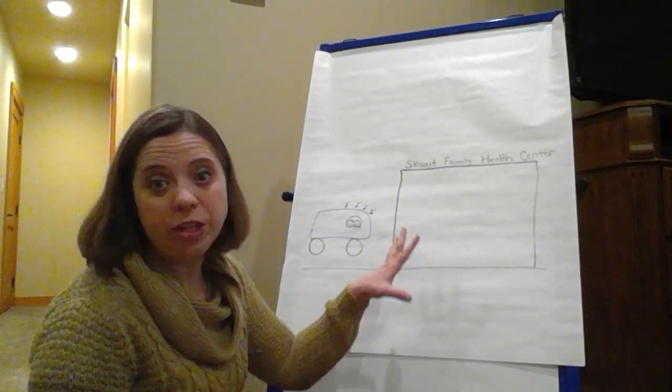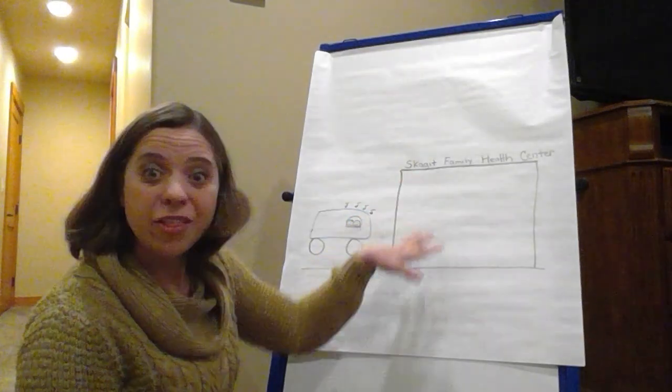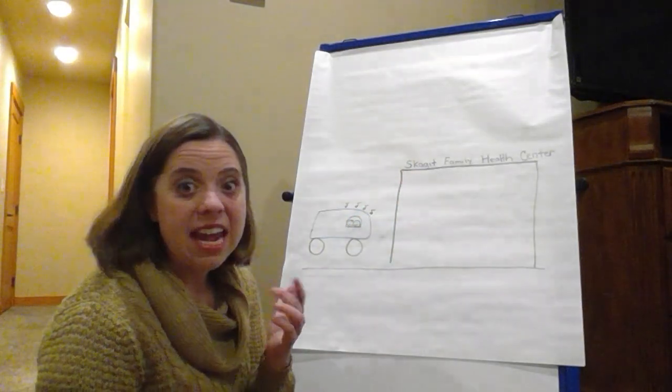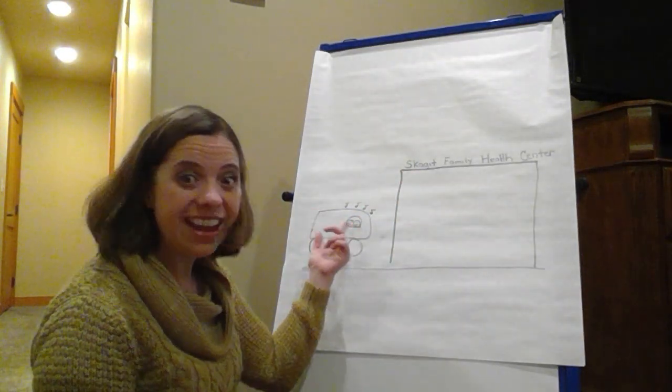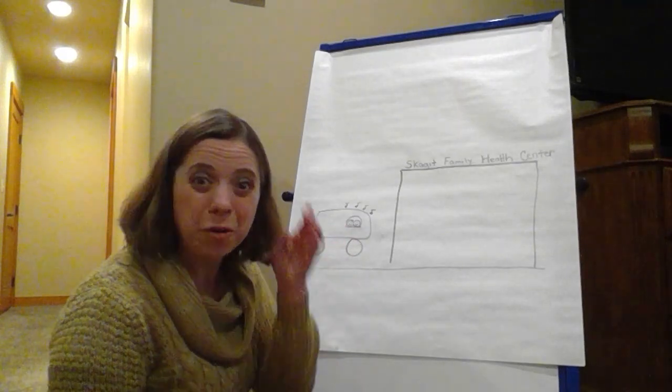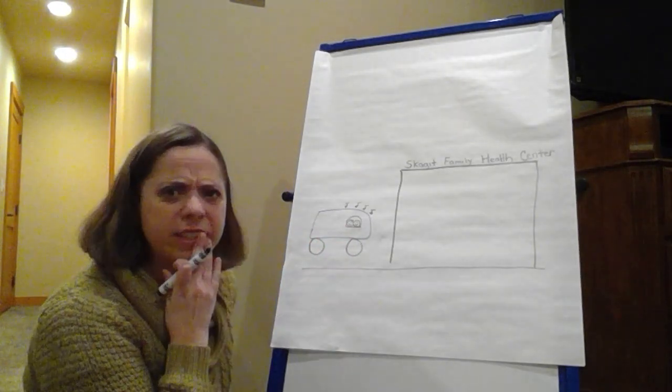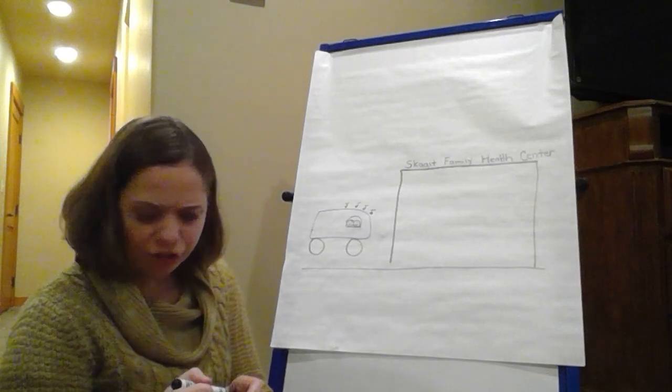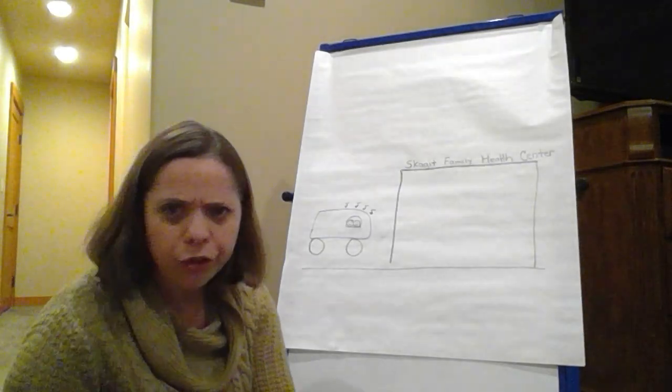So now I'm going to draw the characters inside the building. In the story, there was me and Saydee and one other person. I think I'll start by drawing Saydee, and she was sitting on a blue chair.